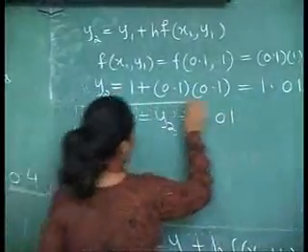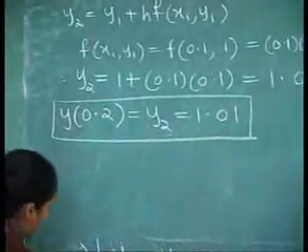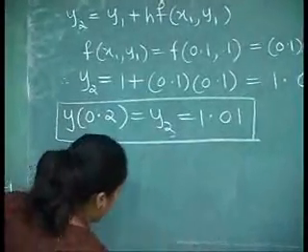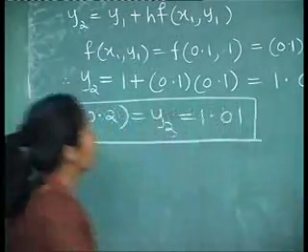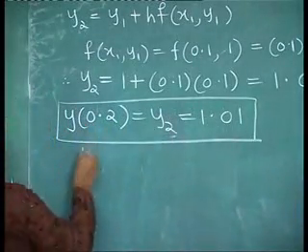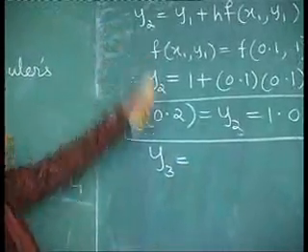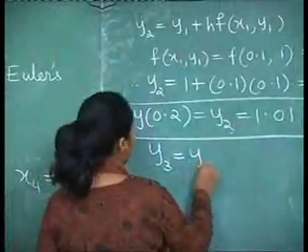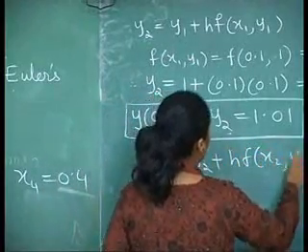And this needs a little bit of patience. Otherwise the method is fairly mechanical. Remember, we have to go up to y4. So let us now write the formula for y3. It works in exactly the same manner. y3 is y2 plus h times f of x2, y2.